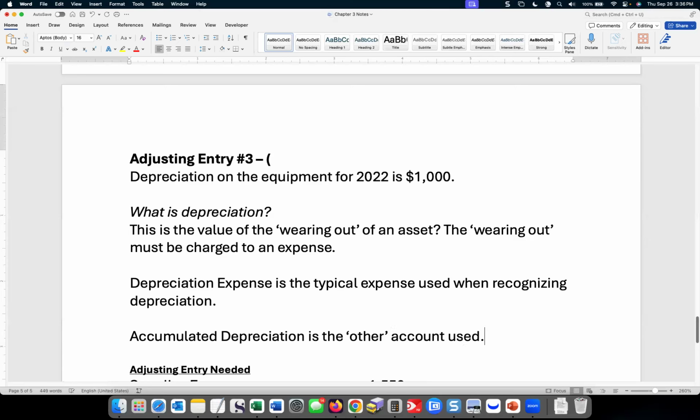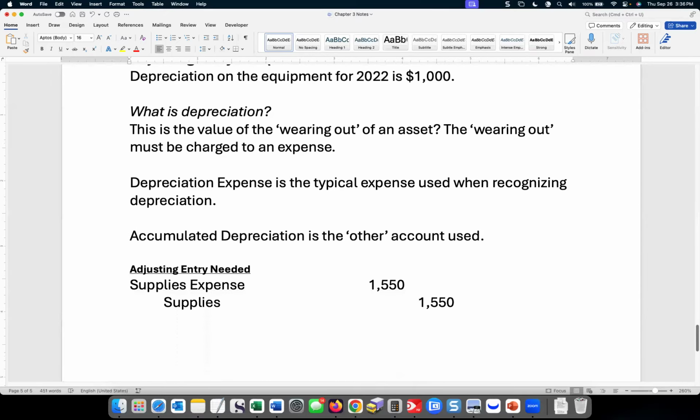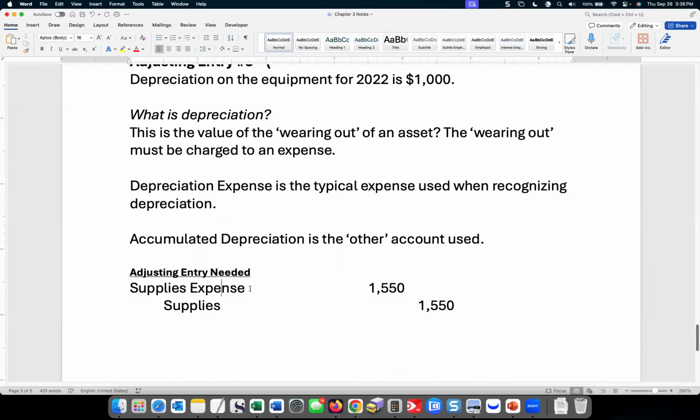So we already know what we're going to have in our adjusting entry, right? I'm just going to go ahead and put it in there. We still don't have a number; we'll get to that in a minute. The adjusting entry is going to be depreciation expense, and then the credit is going to be this accumulated depreciation account. I'm going to tell you a little more about that because I have some more notes for that.